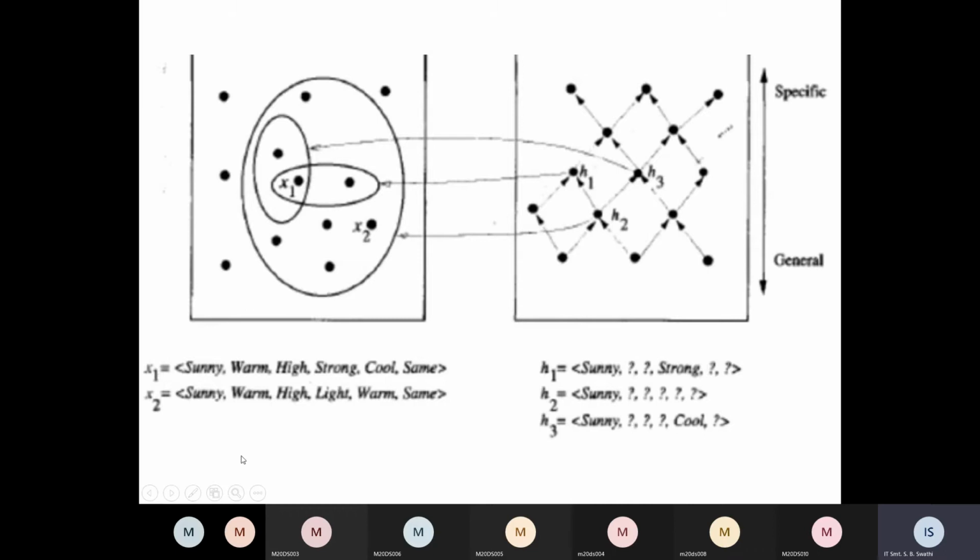See here, this is one instance. X1 is one instance, meaning one input you are giving. The input will take all the 6 attributes. If you give this input, the hypotheses H1, H2, H3 will check. Considering H1 first, for this input it will check whether these two values are there in the given input X1.